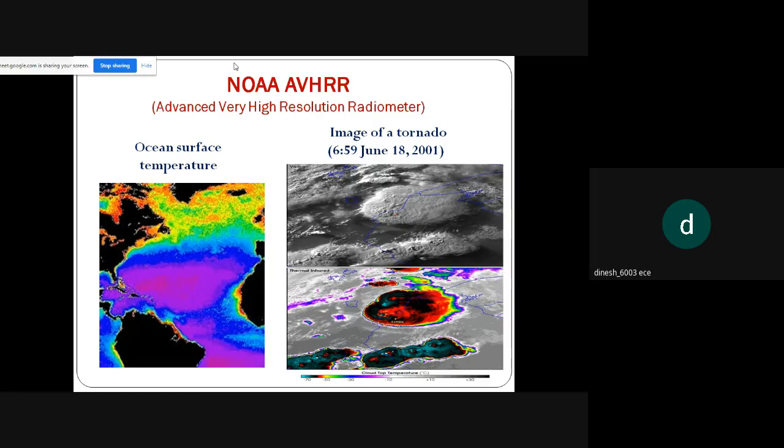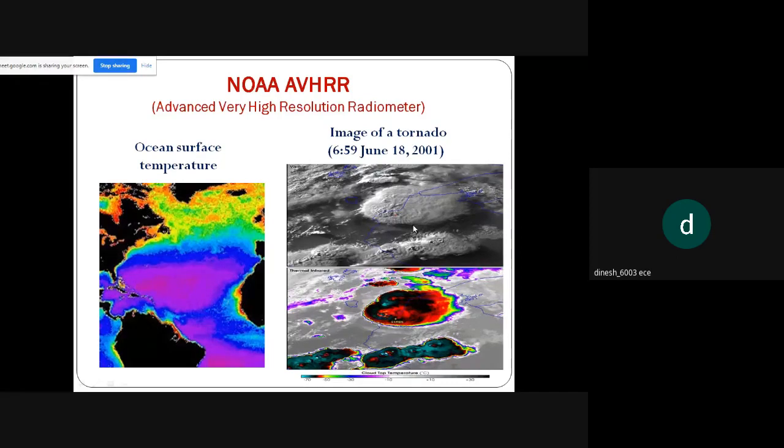NOAA used the advanced very high resolution radiometer on a tornado in the year 2001, June 18th at 6:59 morning. So using the visible spectrum, on the right hand side you can see the visible region, and then using the same at the thermal infrared region, you can see how the same is being classified.